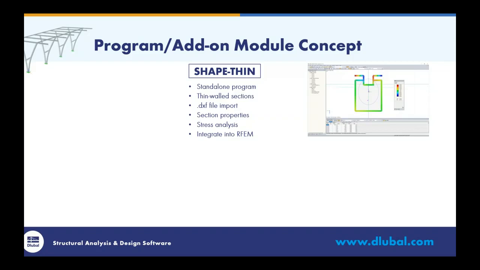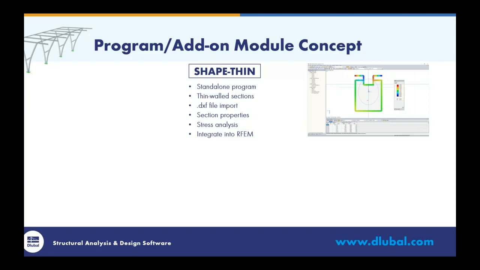We can create built-up sections by implementing some of the sections from the ADM or the AISC standard, or we can import in a DXF file, which is what we'll be utilizing today. These section properties will be calculated. You also have the ability to run a basic stress analysis directly within the program, which we won't be taking advantage of today, but it is an opportunity to do so.